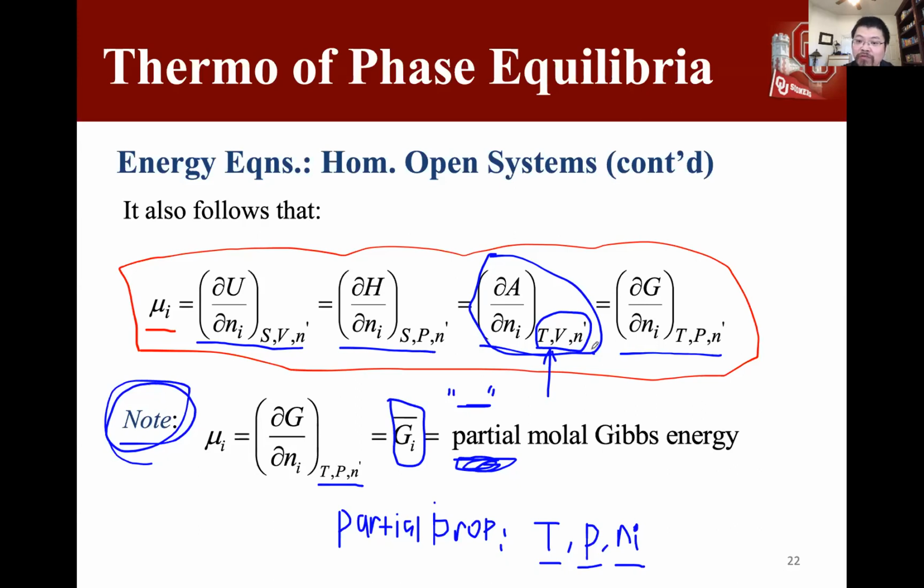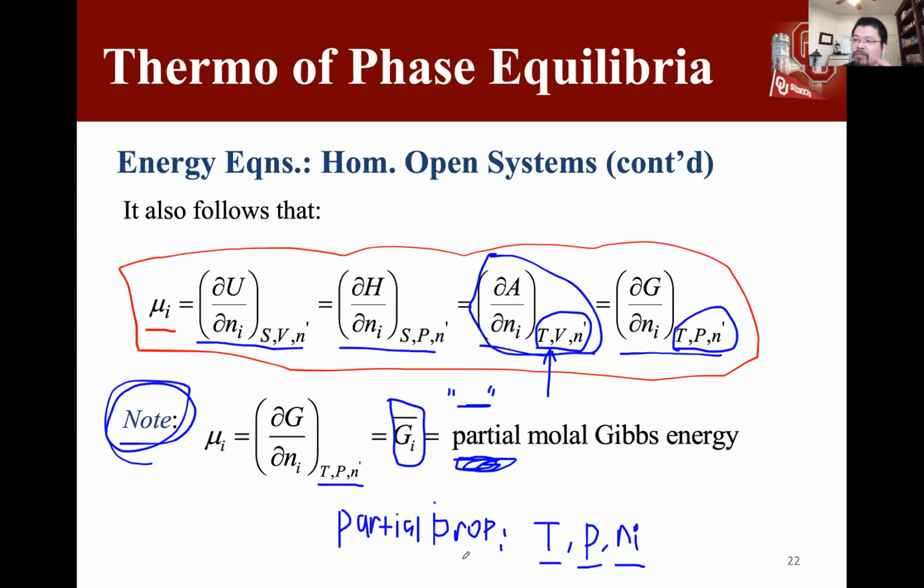So that is not qualified to be called the partial Helmholtz energy. And of course, we cannot call this the partial enthalpy. This is not partial internal energy. Only for Gibbs energy are we deriving the chemical potential with respect to the requirement of partial property.